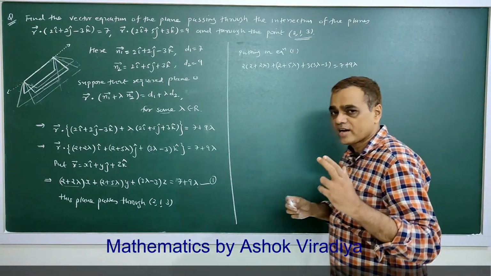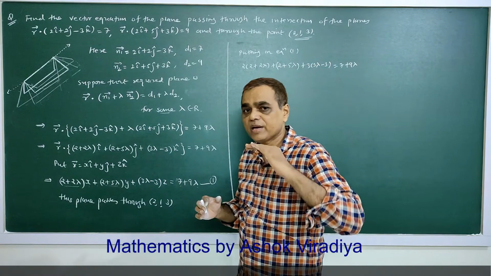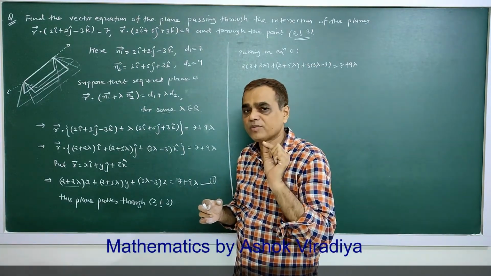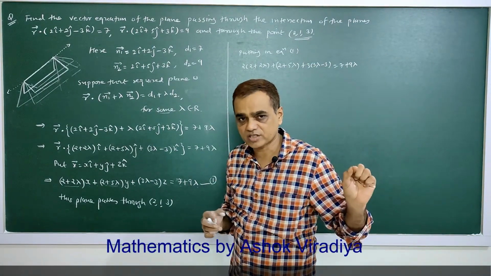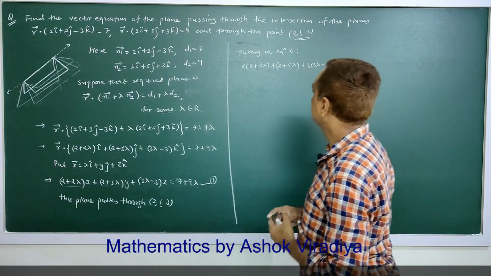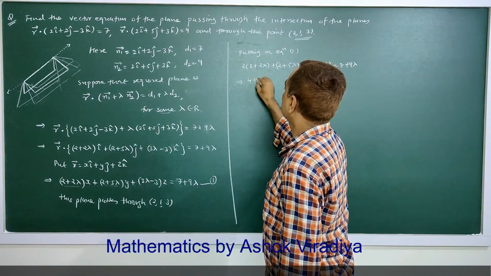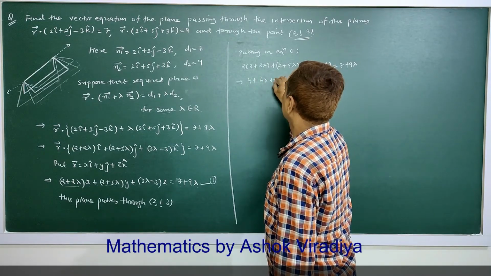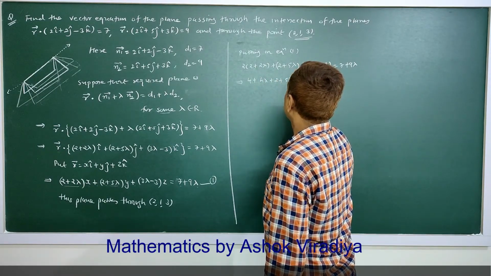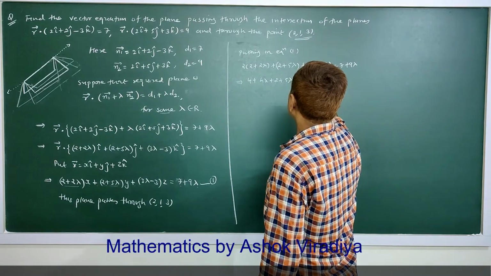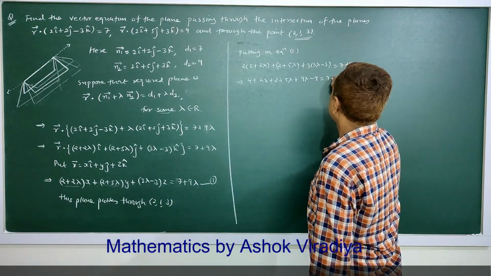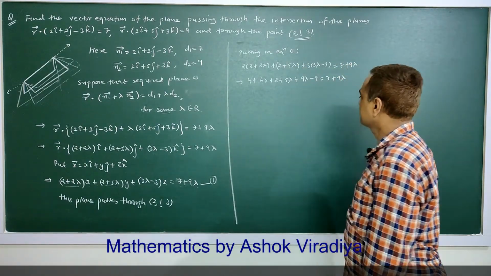If any point lies on any plane, then the coordinates of that point will satisfy that equation. So therefore, 2 into 2 is 4 plus 2 into 2 is 4 lambda, 2 plus 5 lambda, 9 lambda minus 9 equal to 7 plus 9 lambda.